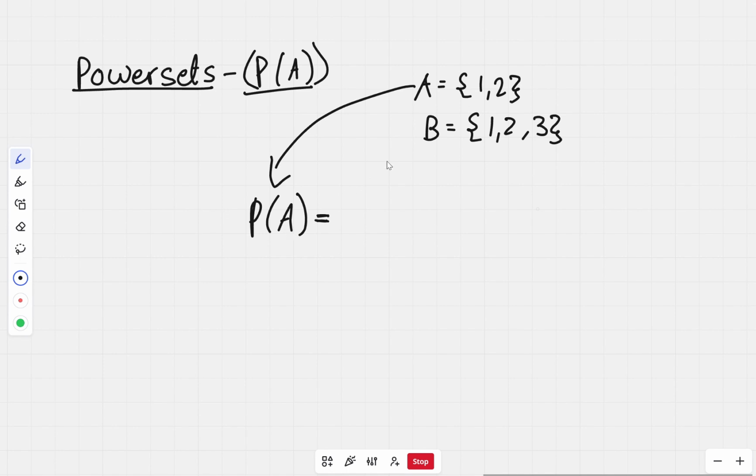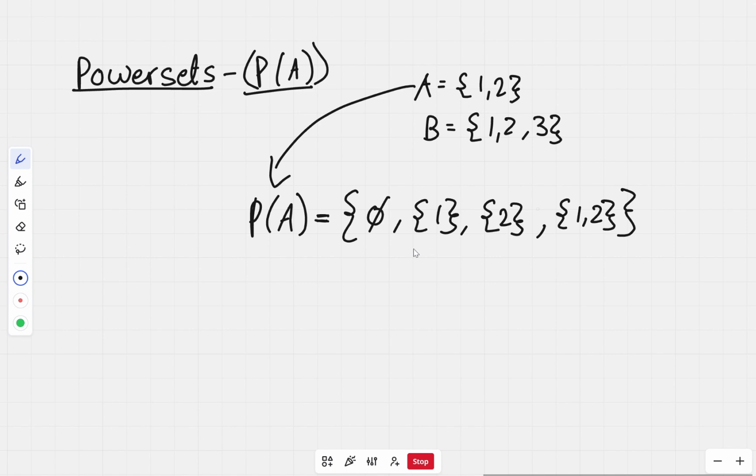So what is that? If A has values 1 and 2, then what could be the possible subsets of A? There could be a subset with nothing, the empty subset, which is known as phi. So that is also a possibility. Then there could be a set with only 1 in it, a set with only 2 in it, and a subset with both 1 and 2, which is not a proper subset, but yeah, it's a subset.